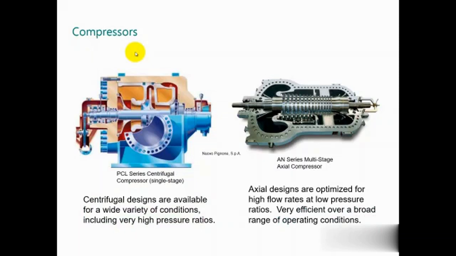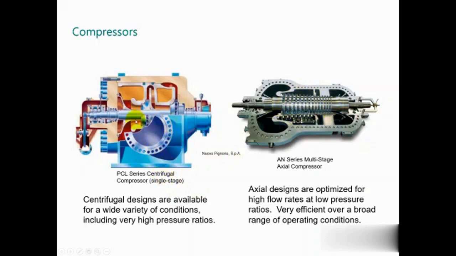The first machine is the centrifugal compressors. There are two types of compressors in this topic: the centrifugal, and the other is the positive displacement. In the case of the centrifugal compressor, we have this two-stage compressor, and this is the axial compressor.